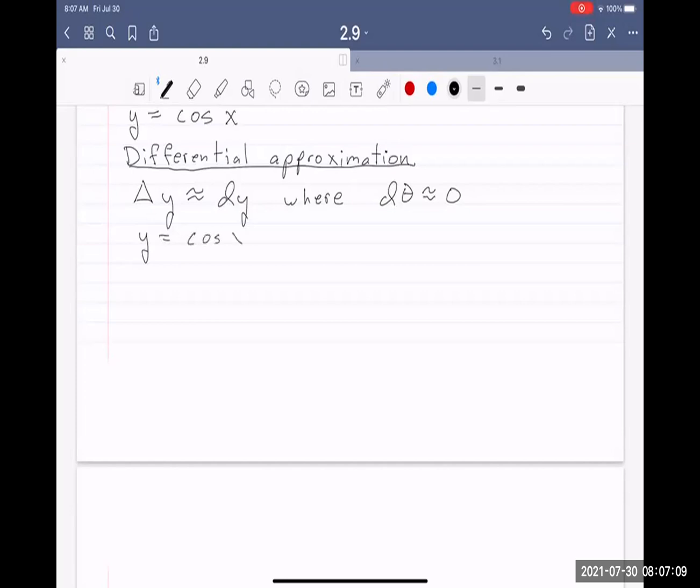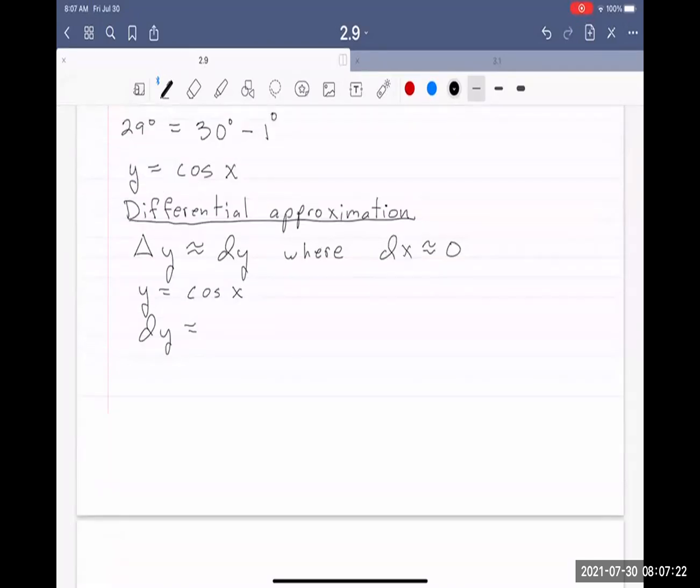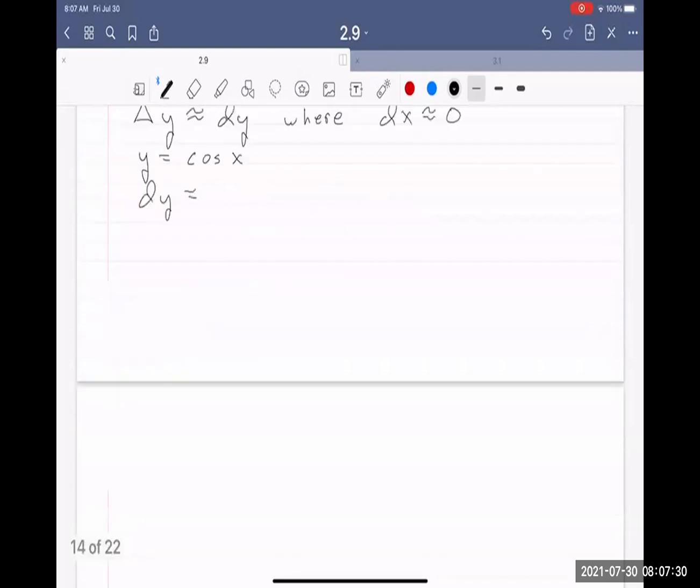So dy, well, the derivative of cosine, I should be using x's here. The derivative of cosine is going to be minus sine x dx. And that's your differential.